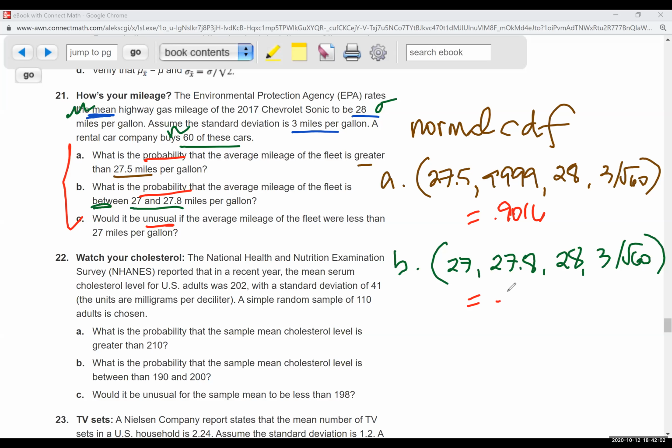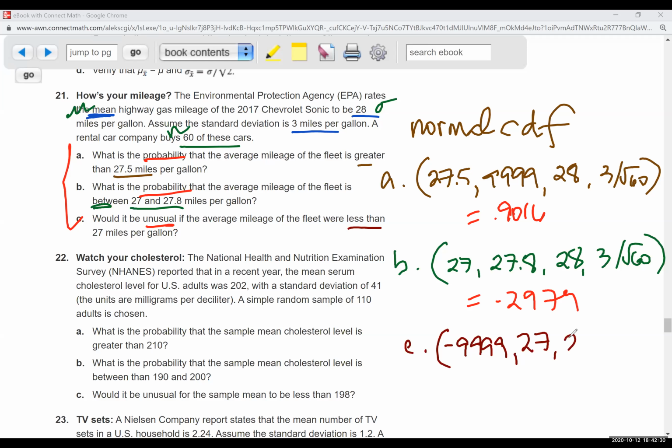So that is correct, 0.2979. And letter C, would it be unusual if the average mileage of the fleet were less than 27 miles per gallon? So less than is going to be your upper. So this is negative 9999, less than 27.